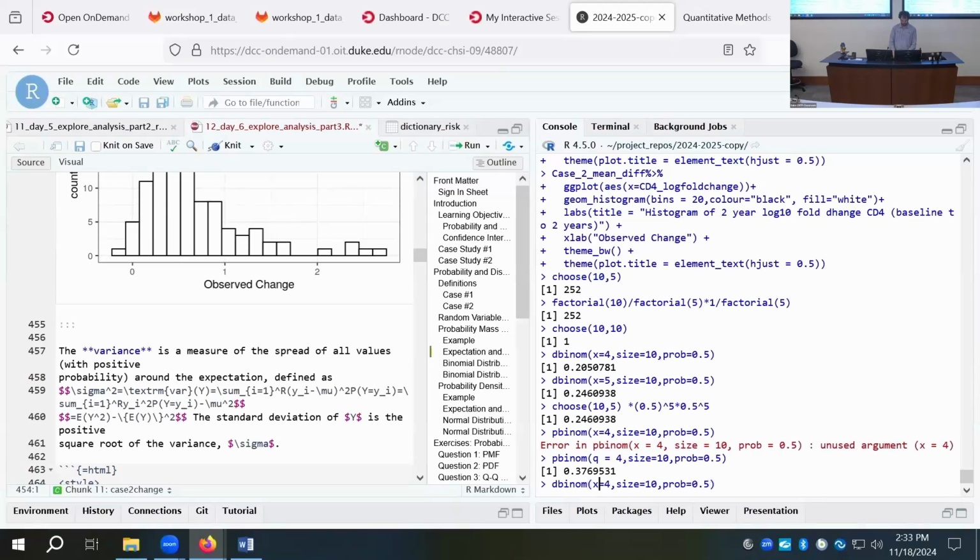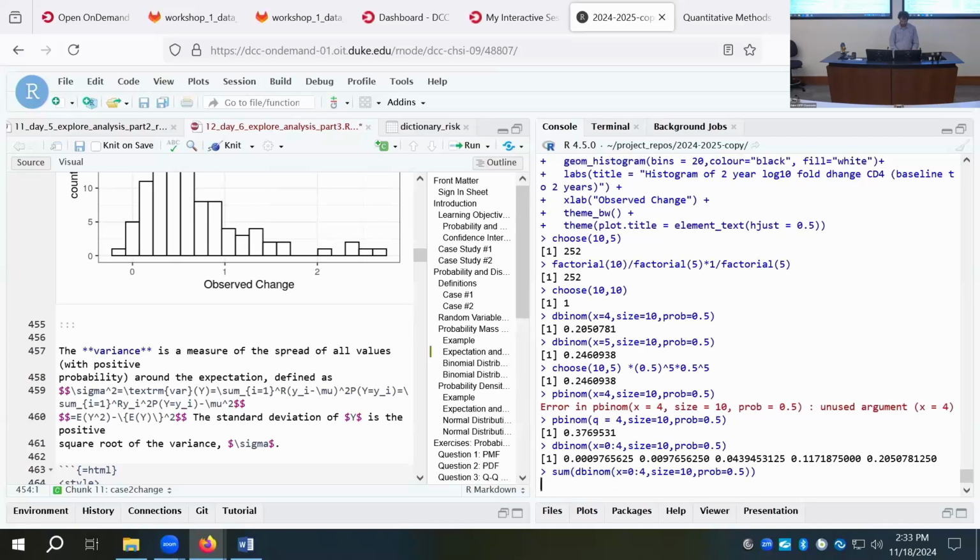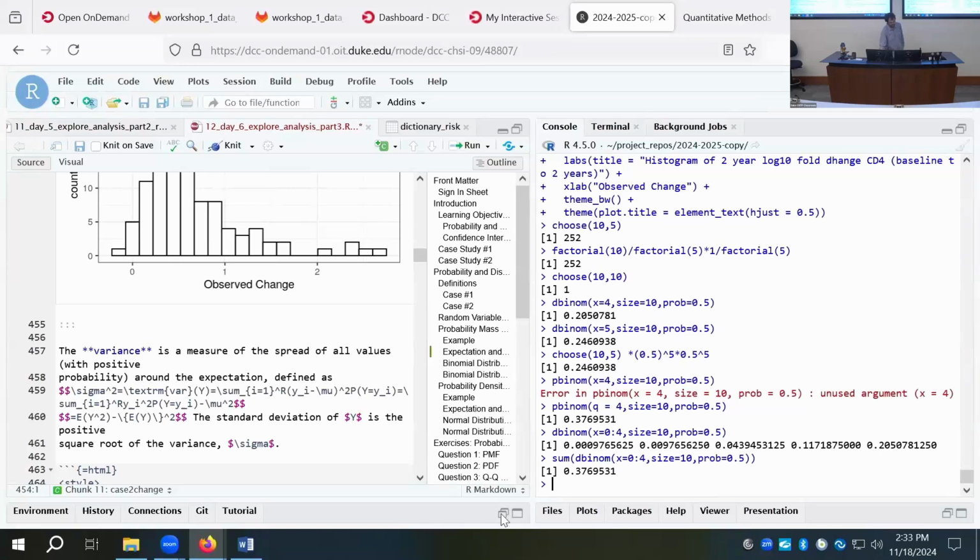If you put in 0 to 4, so if I pass in a vector there, it's going to give me the probability of each of these. So it's giving me the probability of 0, probability of 1, probability of 2, probability of 3, and probability of 4. And then if I sum over this, I get 0.3769531, which is what that pbinom gave us.